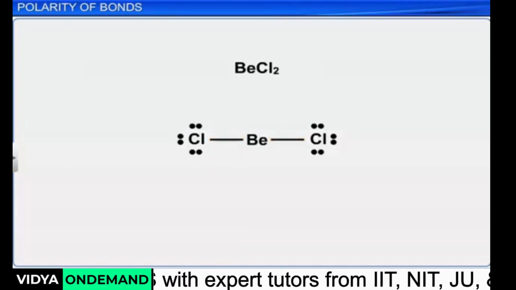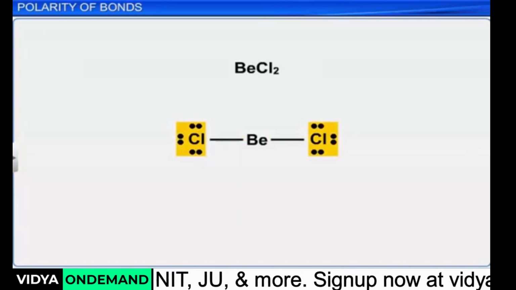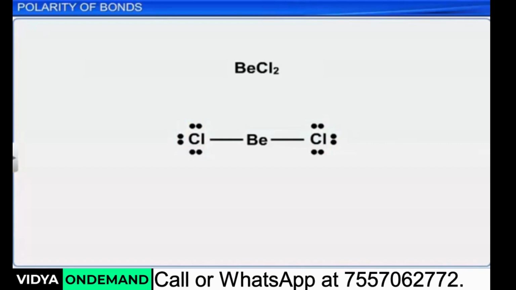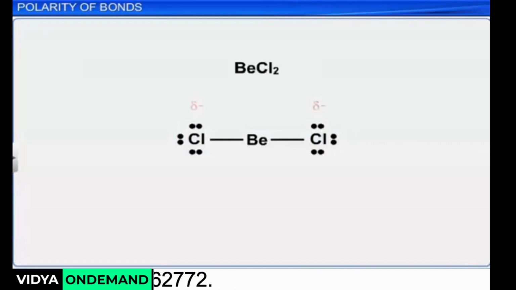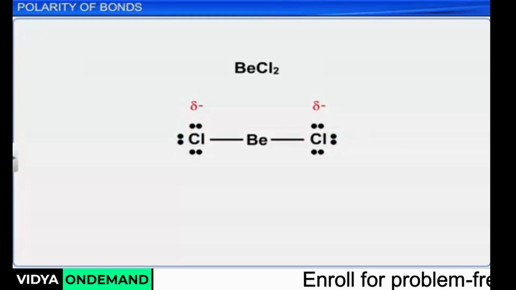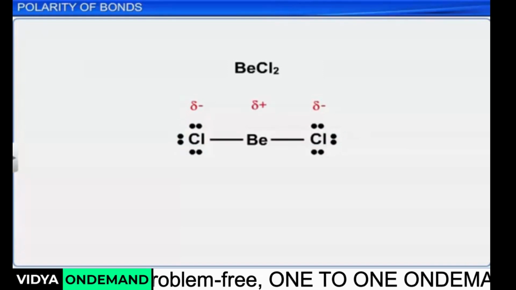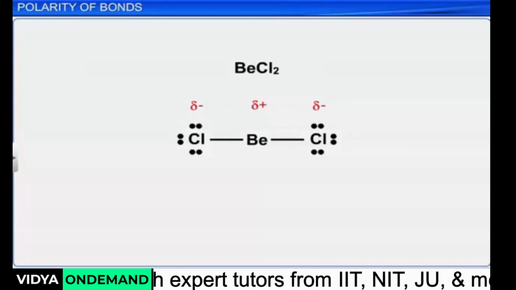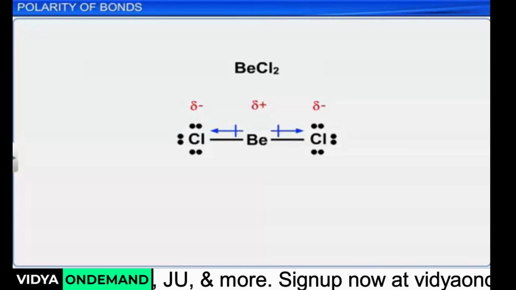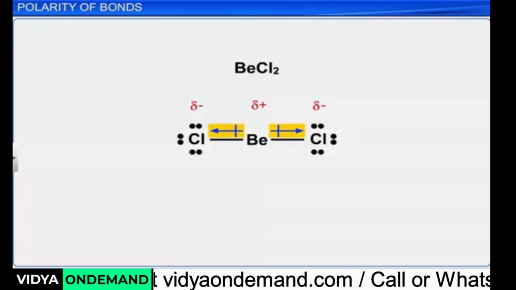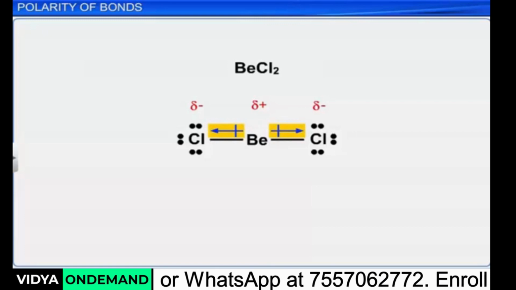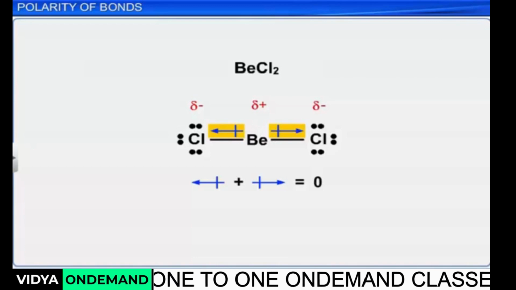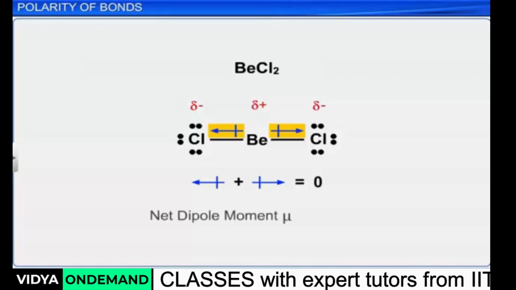As chlorine is more electronegative, the shared electron pair moves closer to chlorine, so that it acquires a partial negative charge while beryllium acquires a partial positive charge. The bond dipole between the two beryllium chlorine bonds is represented as shown. As the two equal bond dipoles are in opposite directions, their vector sum is 0. So, the net dipole moment is 0.